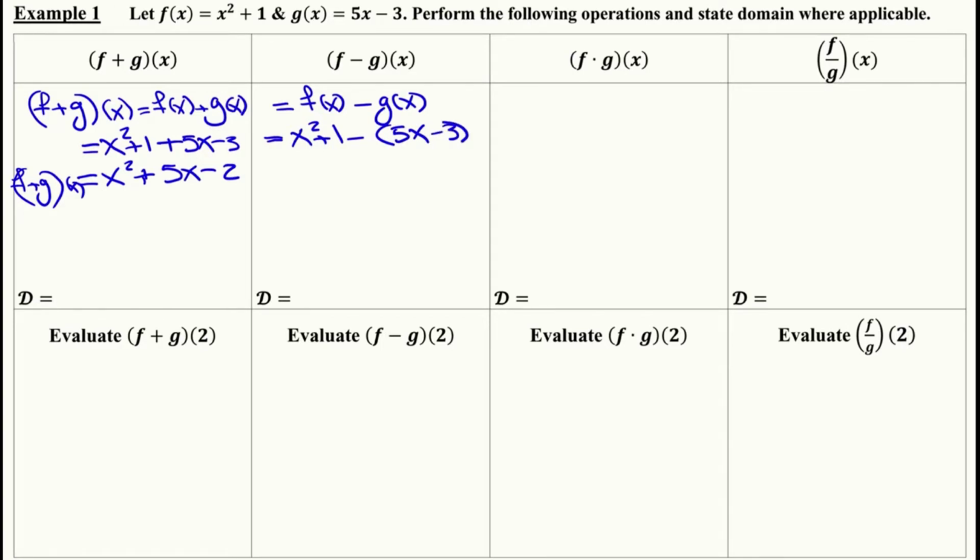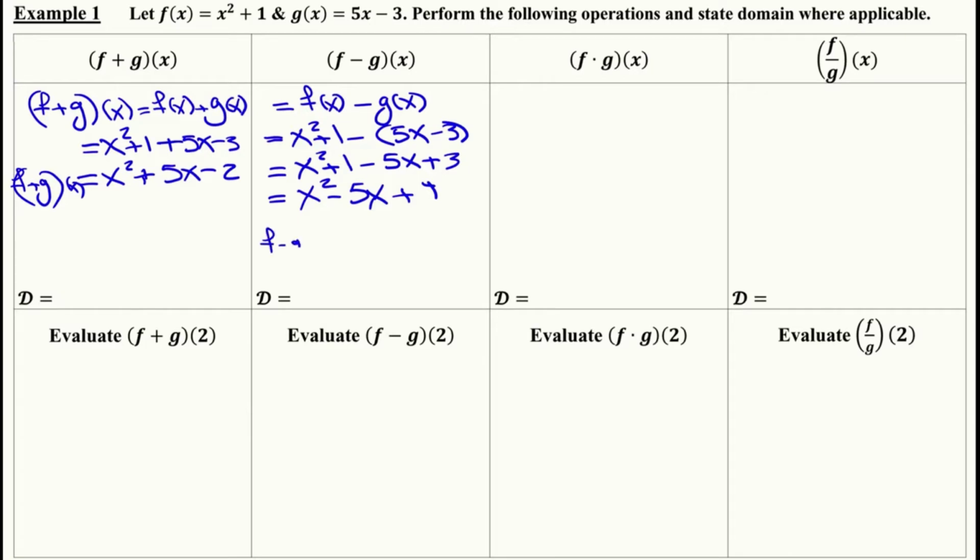Now we're going to just distribute and simplify. So x squared plus 1 minus 5x plus 3. So we end up with x squared minus 5x plus 4. And that is what f minus g of x is going to be.